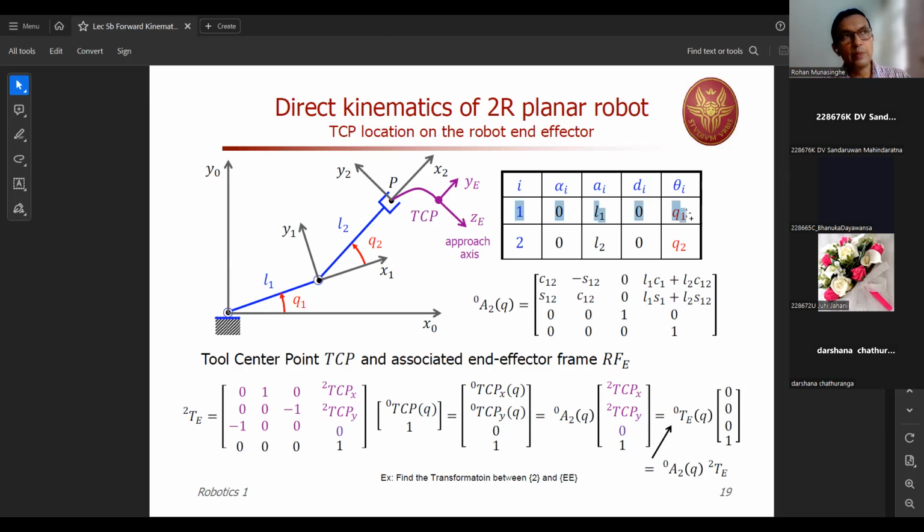And after that, you need to check whether x1 has rotated with respect to x0 around z0. z0 is the z-axis of interest right now. And here you can see q1 is the angle. So in fact, x1 has rotated by an angle q1 with respect to x0 around z0. So therefore, the angle is q1. So in place of theta, we put q1. All right, q1 is the first joint angle.